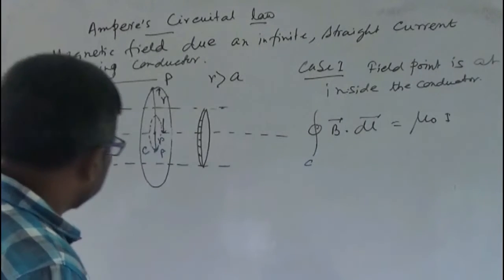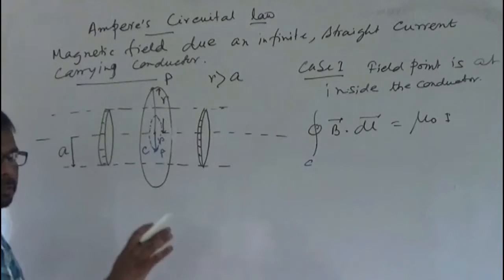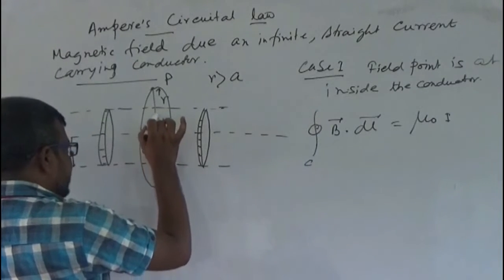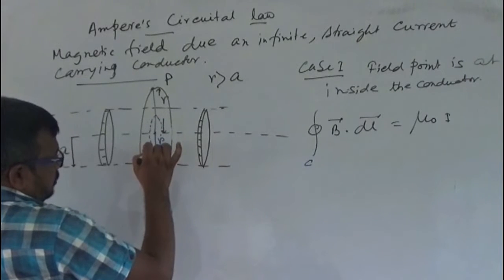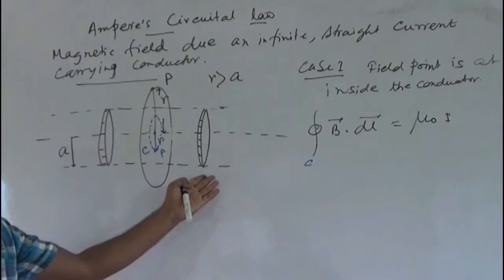If current is flowing through only the surface of the conductor, then the current enclosed by this closed path is zero. The current is outside the closed path.